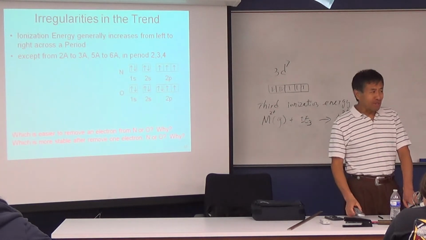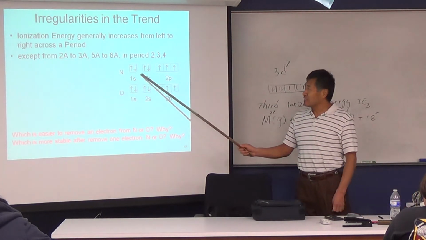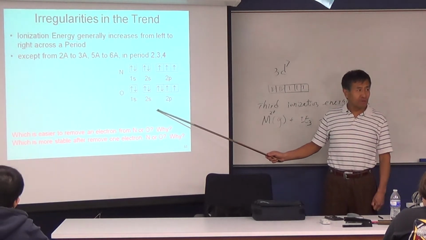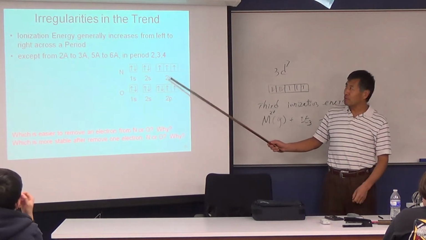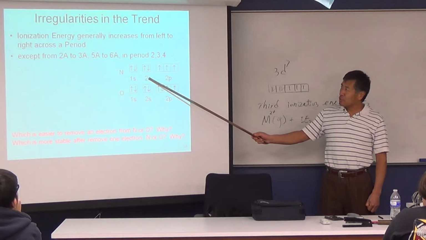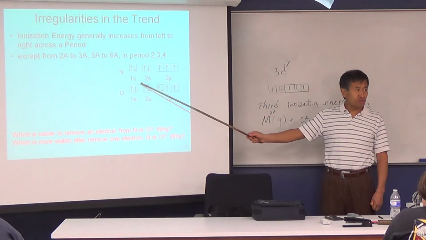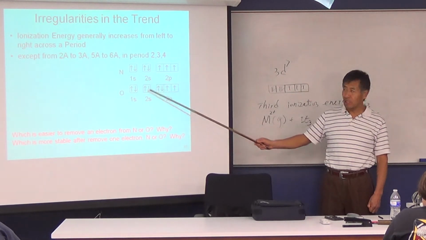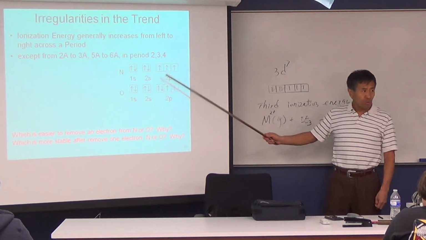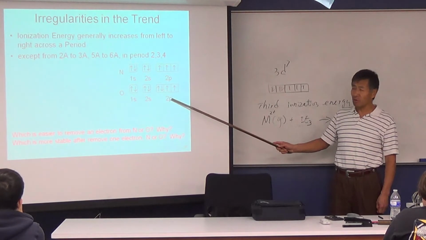Similarly, you can compare nitrogen with oxygen. Nitrogen has this configuration, and oxygen has this configuration. Let's see the difference. The 2s is filled up, 2s2, which is the maximum, and that's the same as the 2s for oxygen. What is the difference between the 2p for N and the 2p for O?